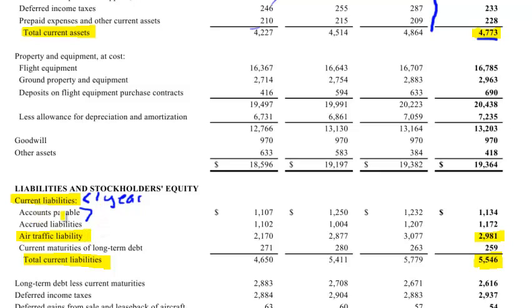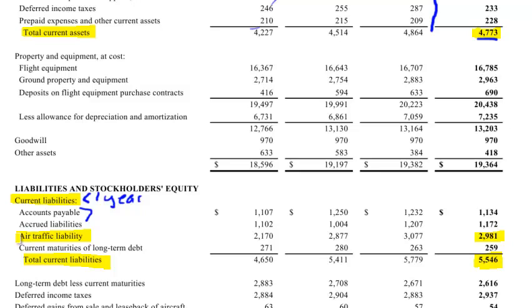So unlike these two items, where Southwest is going to pay off these liabilities to their vendors or whatever, this is a liability that has to do with money they've received but haven't delivered the service for yet. So when we put these two numbers in context, we're going to want to consider that. And in the next video, we're going to have enough information to do some analysis on these numbers.